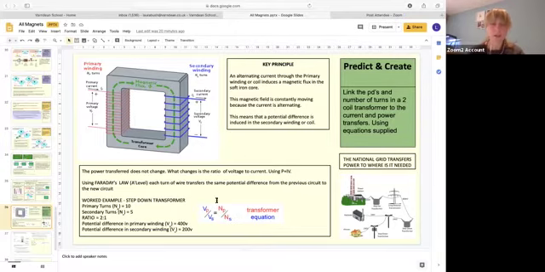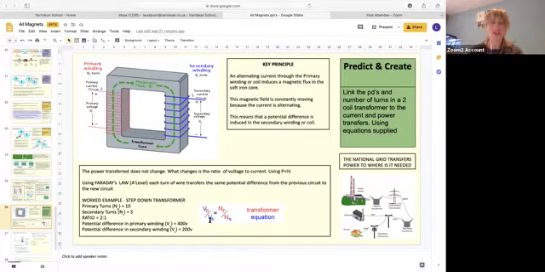And if we look at this equation, which you need to know, essentially it's a ratio. If I divide the number of turns in my primary winding by the number of turns in my secondary winding, it is equal to the voltage in my primary wire divided by the voltage in my secondary wire.